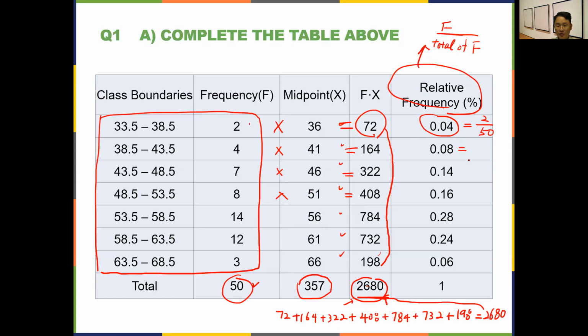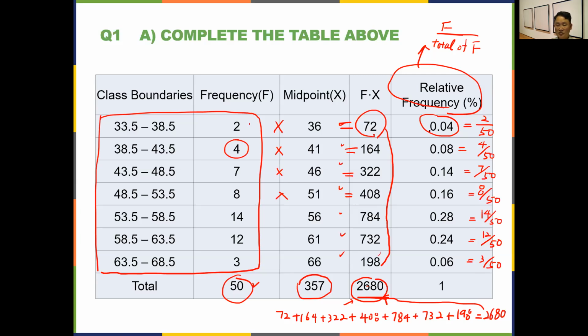Where do they get this number? Well, same thing. 4 divided by 50. What about this one? Same thing. 7 divided by 50. What about this one? 8 divided by 50. What about this one? 14 divided by 50. Same thing. 12 divided by 50. And this one, 3 divided by 50.